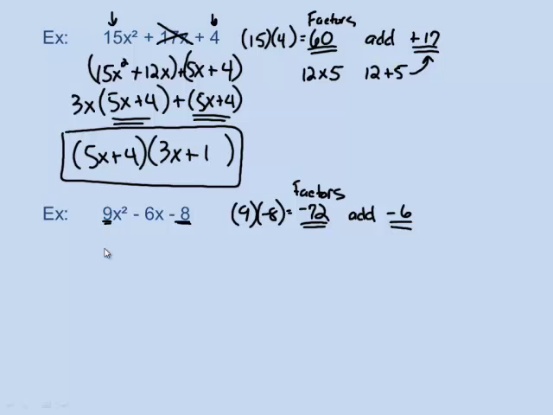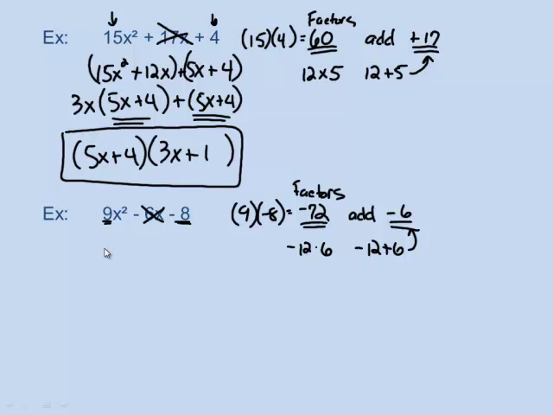Again, 72 will break down several different ways. One way, though, is you could break it down as negative 12 times 6. Negative 12 times 6 is negative 72, but negative 12 plus 6 gives us negative 6.